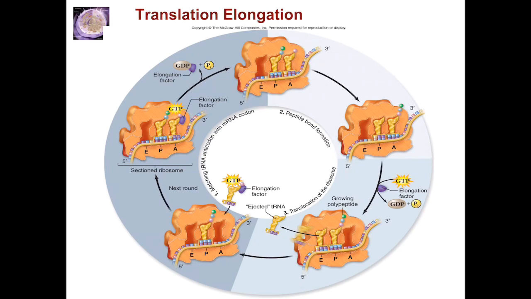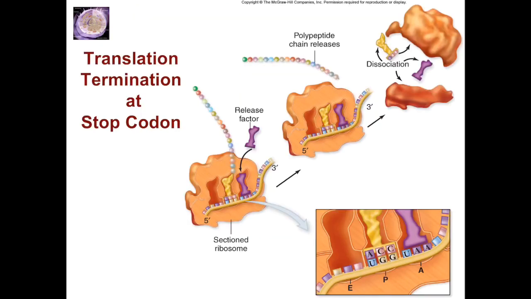You keep doing this until you have a stop codon, and once you have a stop codon, there are no tRNAs that correspond to that. So when the peptidyltransferase moves the peptide onto the next place, hoping to form the new peptide bond, there's nothing to bind to it.